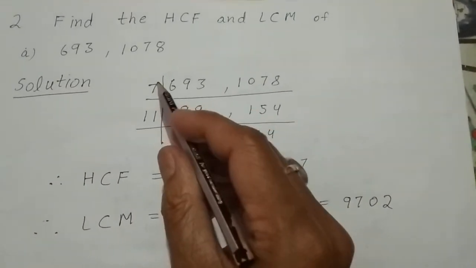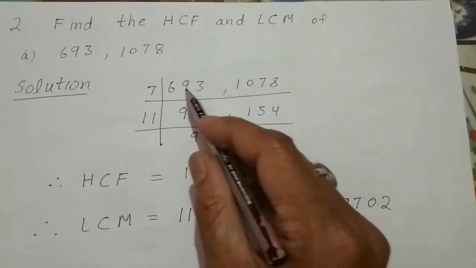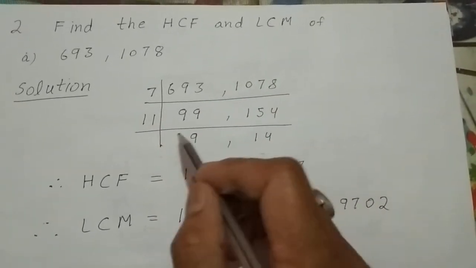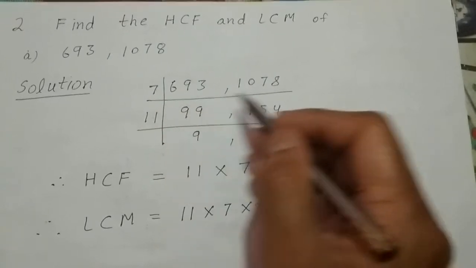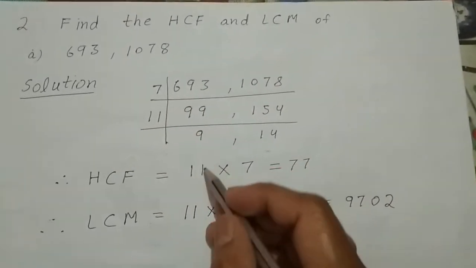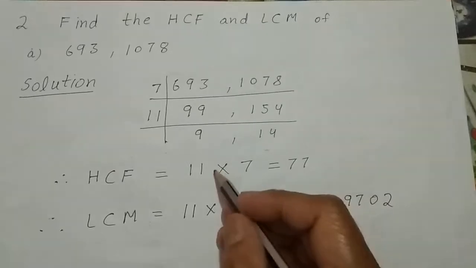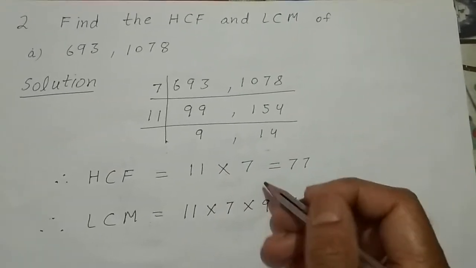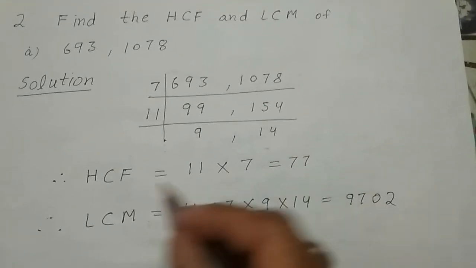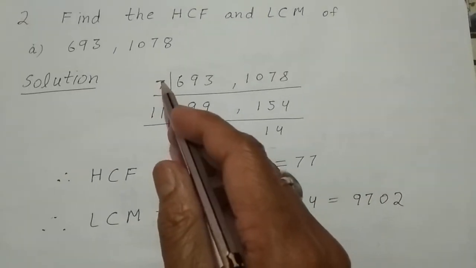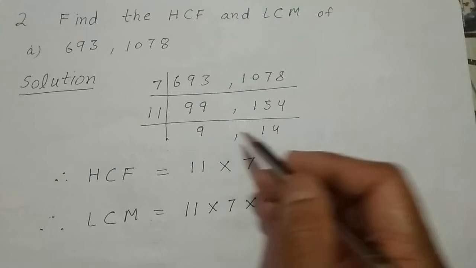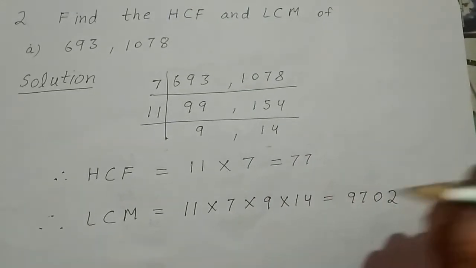So this 7 has divided both the numbers. This 11 has divided both the numbers. They are common prime factors for both numbers. So we multiply 11 into 7, 77. 77 is our HCF. Now for LCM, we will multiply 7, 11, this 9, 14, and we will get our LCM.